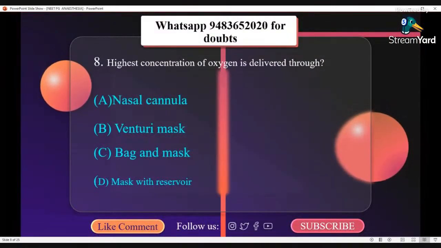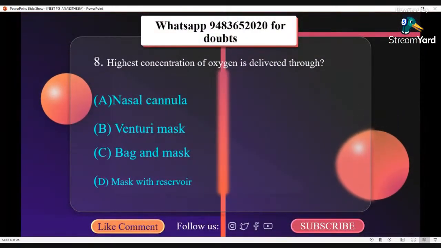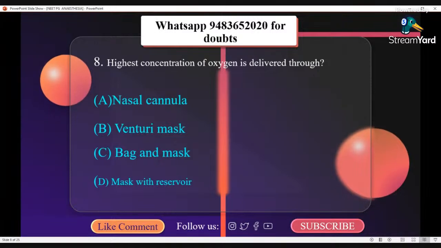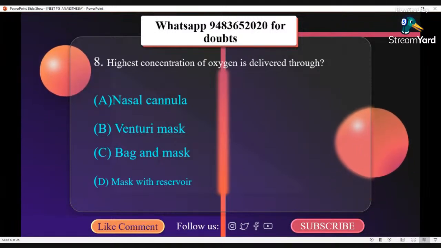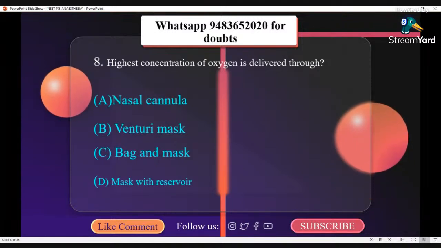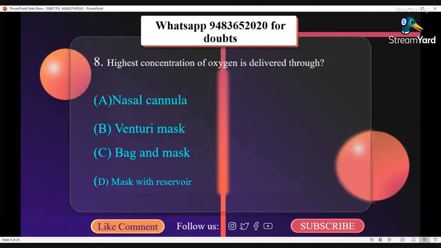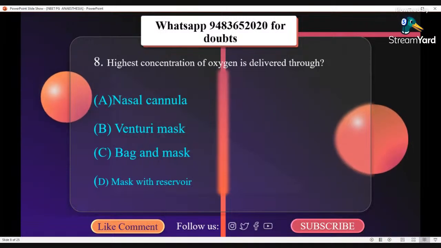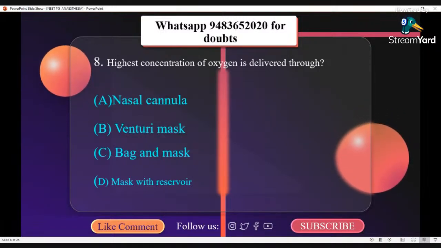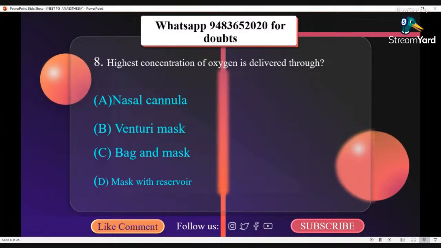Highest concentration of oxygen is delivered through which? Four options are there. A, nasal cannula. Remember, in nasal cannula, only 40% oxygen is delivered. Then Venturi mask, then bag and mask, then mask and reservoir.